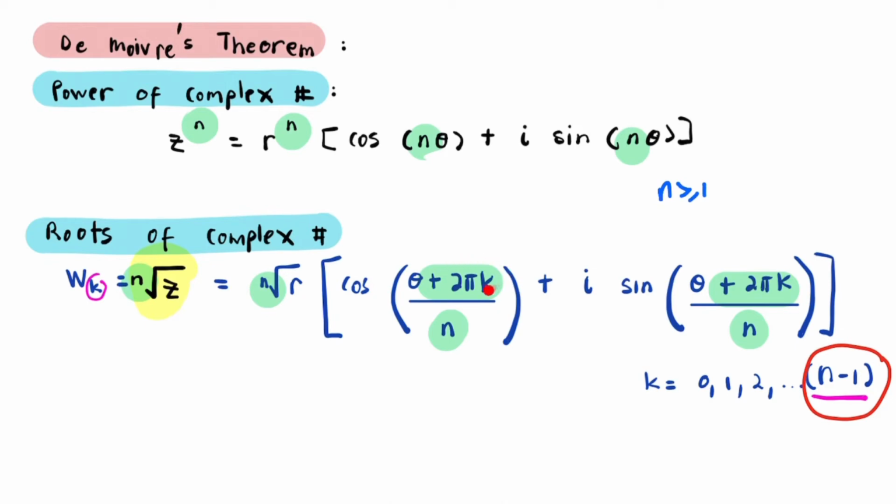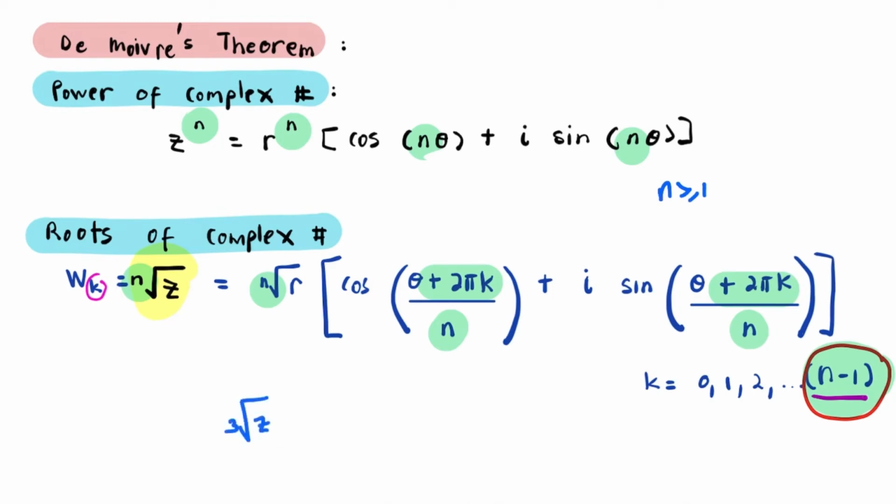So just add plus 2 pi k here, and then for your k, we have the formula for this. De Moivre has identified for you that your k should start from 0, 1, 2, and so on, and you should stop at n minus 1. So when you stop at n minus 1, the answer that you give is exactly the argument in one cycle from 0 until 2 pi.